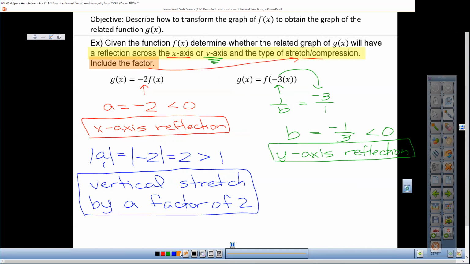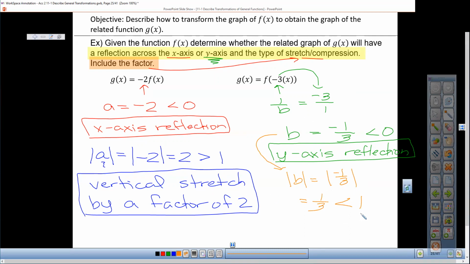For the next part, where we look at the stretch compression, remember we have to use B. We want the absolute value of B, which is the absolute value of the -1/3. Again, absolute value of a number is always positive. So this is equal to +1/3. And for the stretch compression, you compare to 1. And 1/3 is less than 1, being a proper fraction, numerator smaller than denominator.